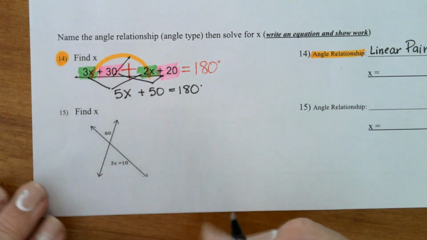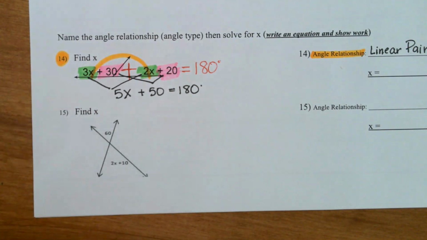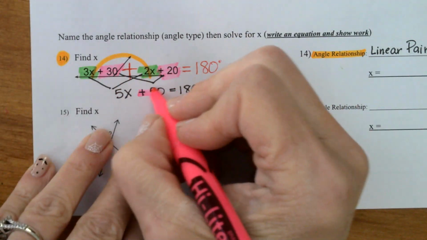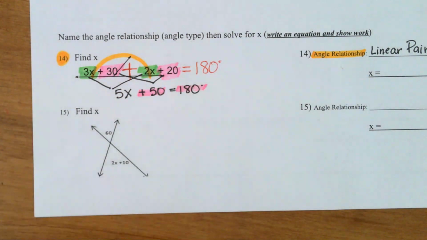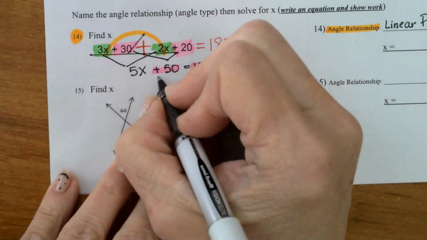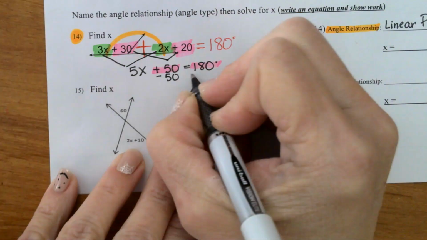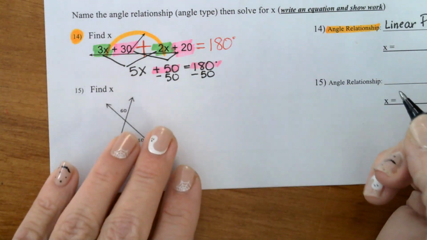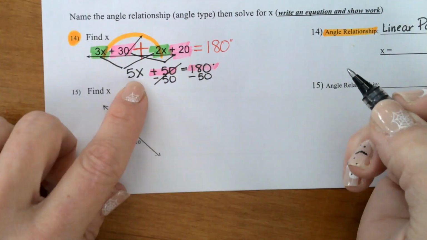Okay, now I'm going to subtract 50 because 50 doesn't have an x and 180 doesn't have an x, and I need them on the same side. So I'm going to move the 50. Subtract 50 here, subtract 50 here. Okay, I'm left with 5x.